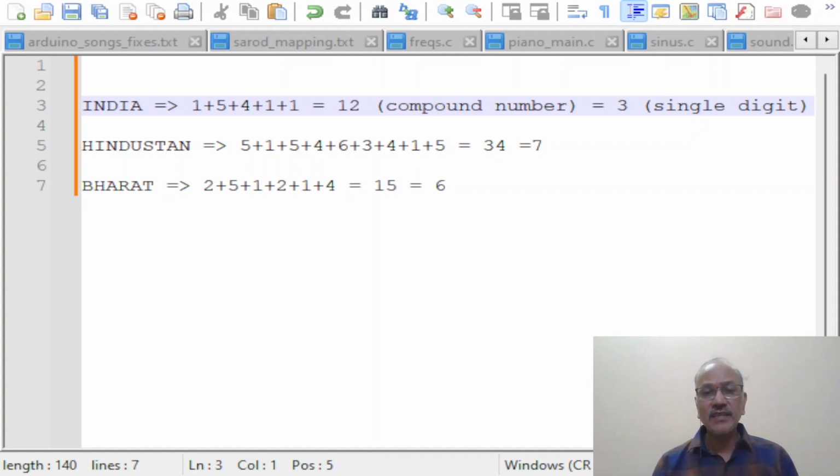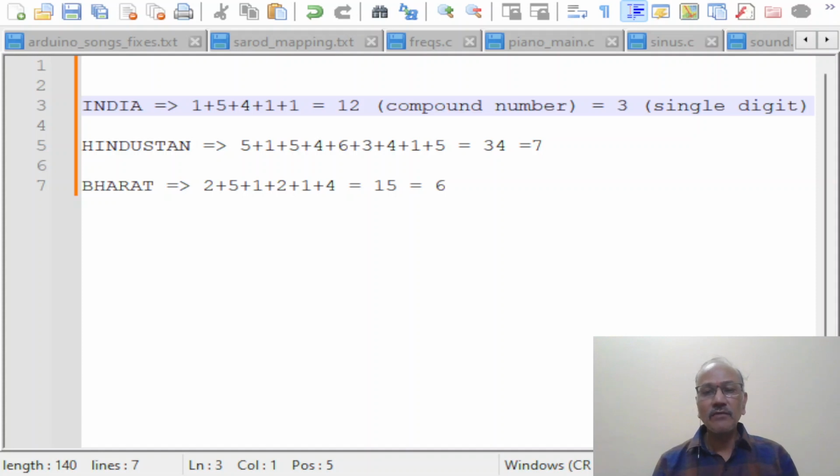This is a standard numerological numbering system, used in Chaldean numerology, and it's a very old science. If you add all these individual digits, it comes out as 12. So this compound number is 12.